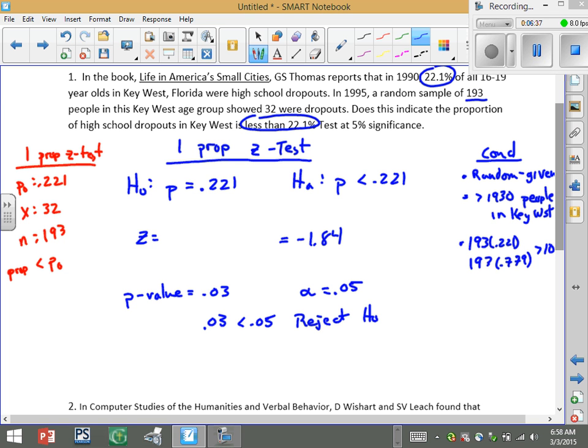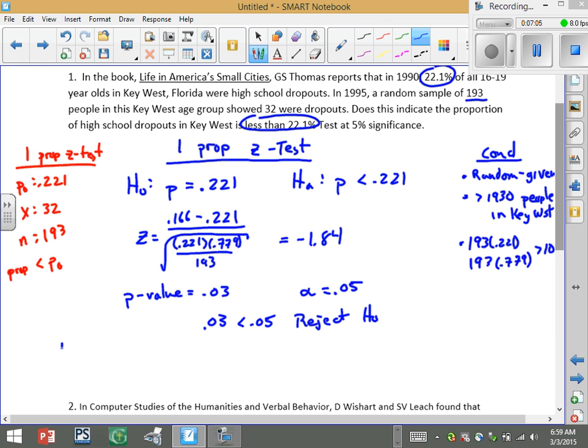And remember, we do observed, so the observed p hat, 0.166, minus the claim of 0.221, over, and we're using p the whole time now, 0.221 times 0.779 over n, which was 193. Put the whole thing under the square root. I'm not actually going to do any of that work. It's already been done for me.